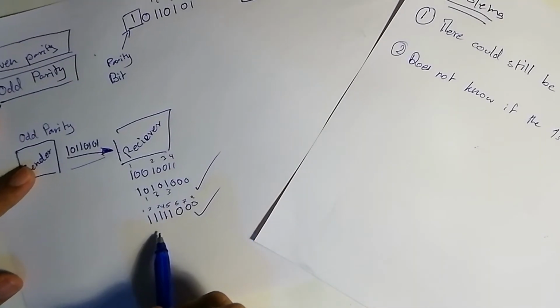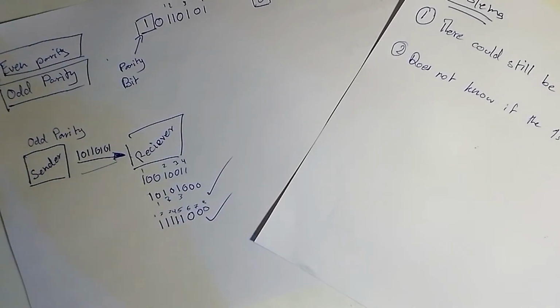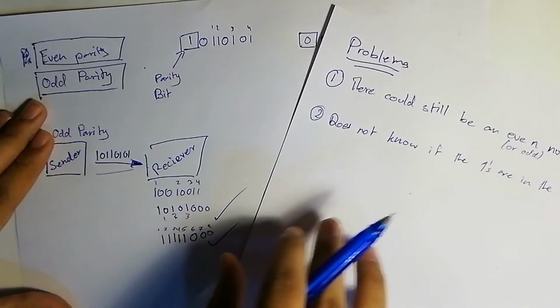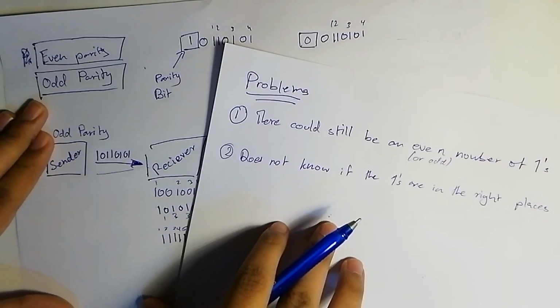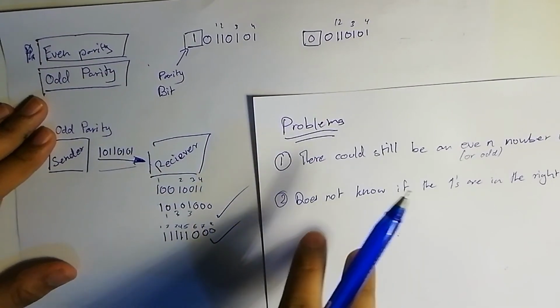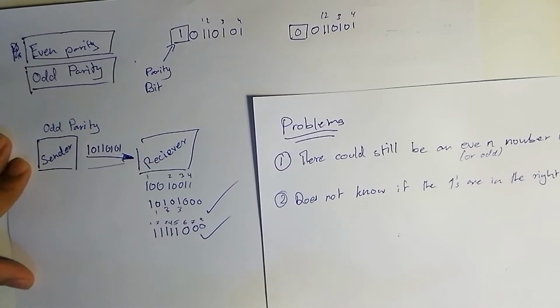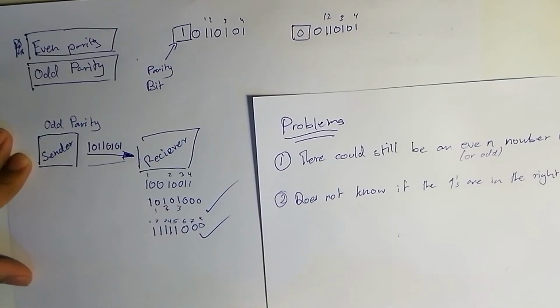It still doesn't know, because they could go into whichever place they want, but it will still stay odd. So it's a pretty problematic thing, but it does sort of help with error checking, which is why a lot of machines use many other error checking methods along with parity checking.